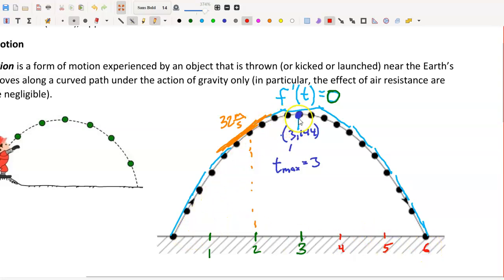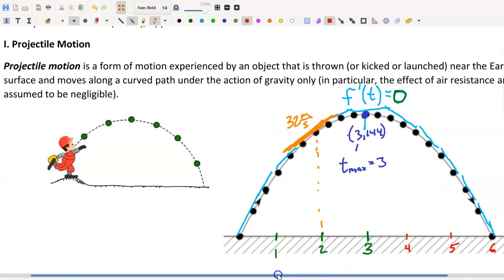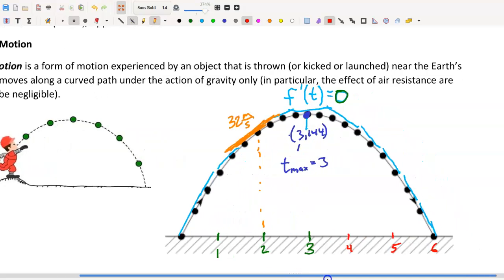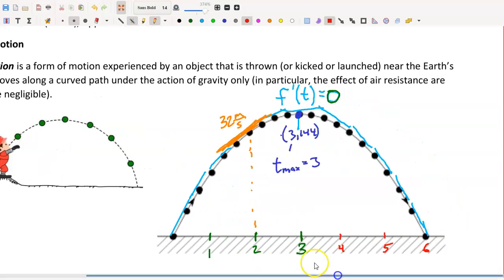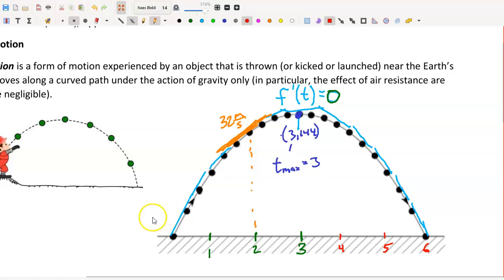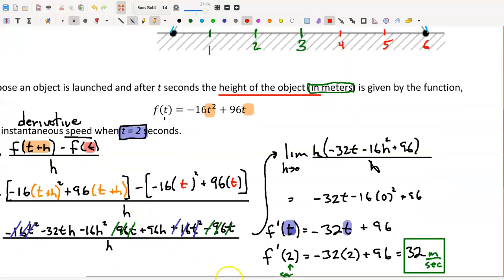So I mentioned earlier that at the top is the halfway point. So if we know it's at the very top at 3 seconds, that must take the same amount of time to get back down. Again, not true if we have all these other factors included, like wind and different atmospheric pressures and whatnot. But for what we're doing, yeah. So it's up in the air for 6 seconds.